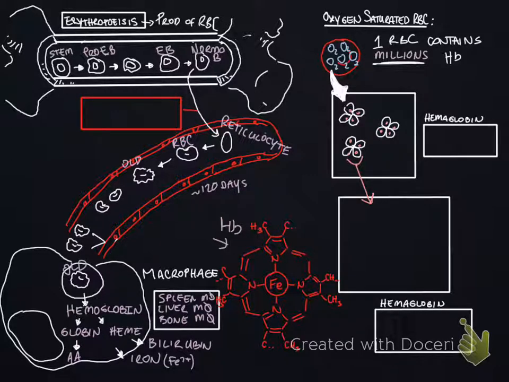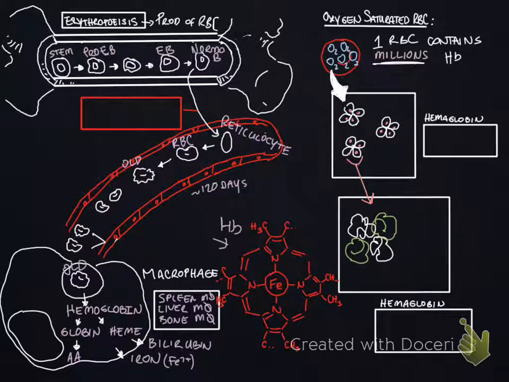So if we take a look at one of these, they're made up of 2 beta globulin chains. So there's one beta globulin chain. Here's another one, and I'll do the other ones in green. And here's the alpha globulin chain.